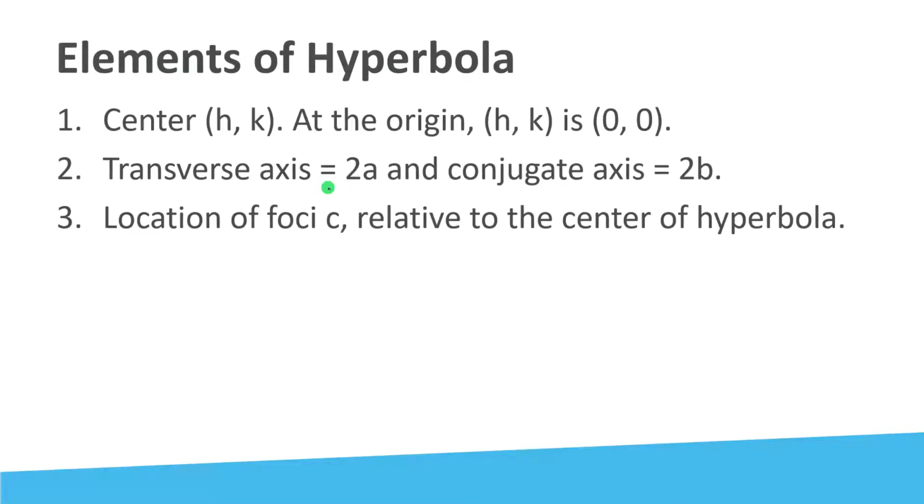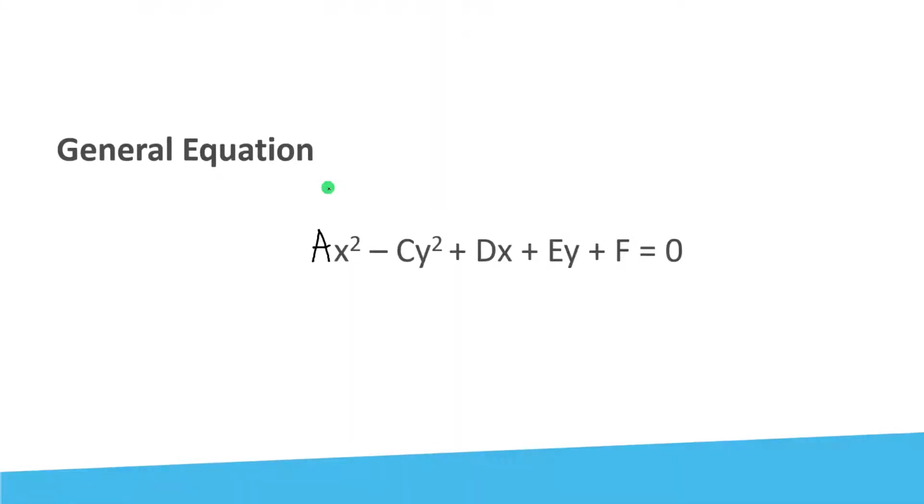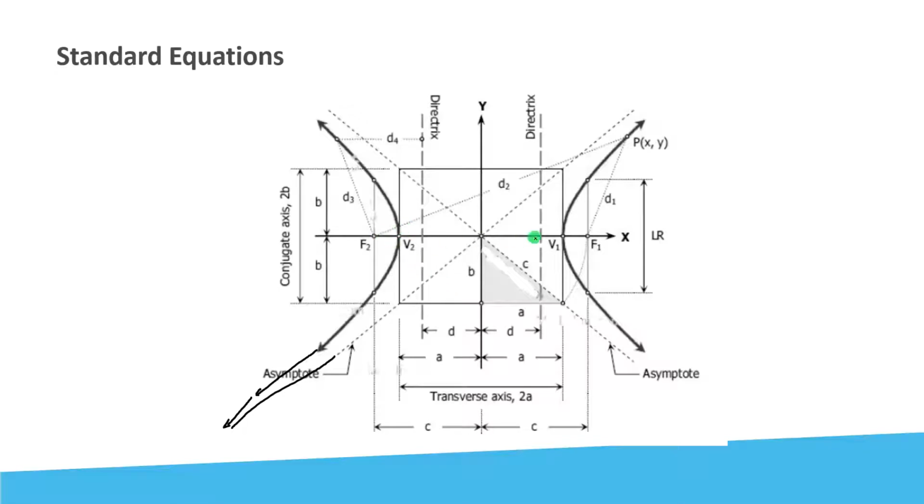Location of foci, c. We also use c again in locating the foci of the hyperbola relative to the center of the hyperbola. By the way, when we go back, sorry, I didn't show the location of the foci. The foci is right here. It has similarity with the parabola, where the direction of the opening is inside there, or like that.